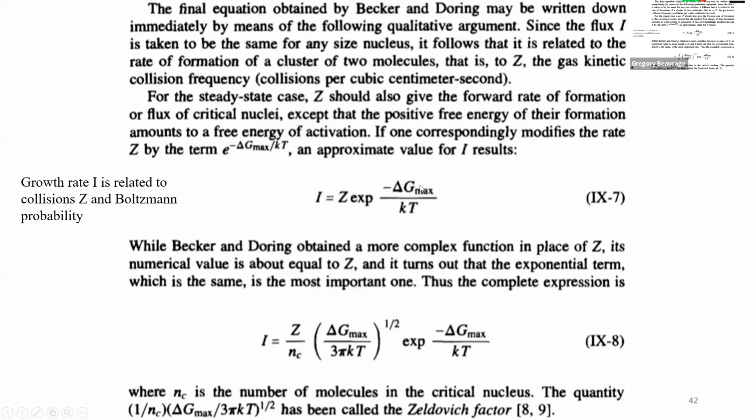And this delta G depends on temperature. So whatever temperature you crystallize at, you get different nucleation rates, and you also get different driving force for growth. So there's a balance between the nucleation rate and the driving force for growth to give you a maximum crystallization rate.